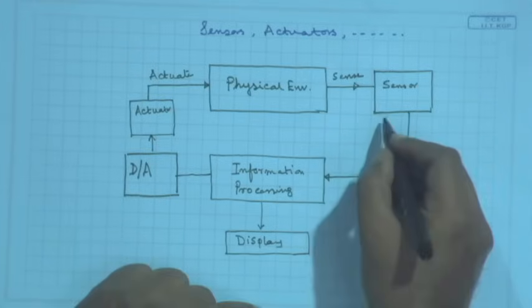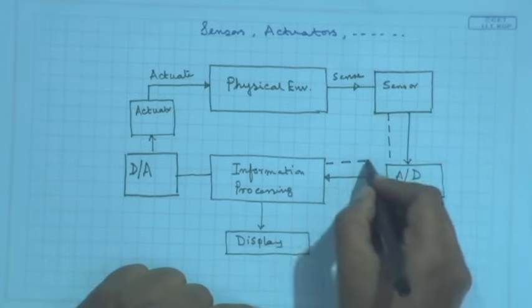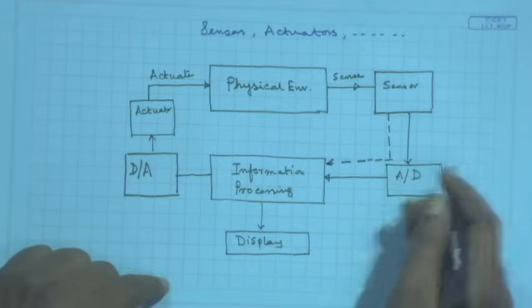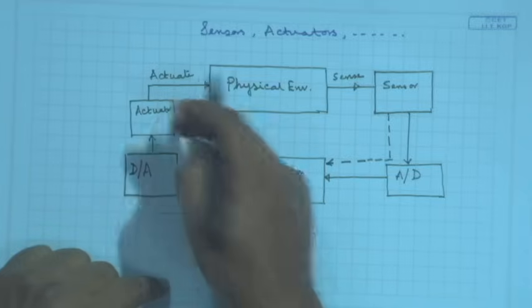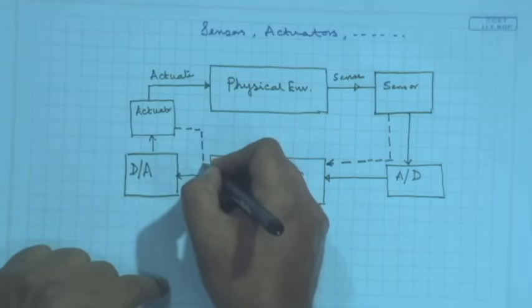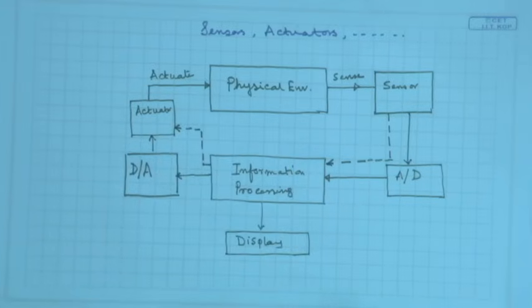And of course, there are parallel paths. If it is a digital sensor, then I can have it directly, bypassing the A to D converter, and if it is a digital actuator, then I can also bypass this by feeding it directly to the actuator.